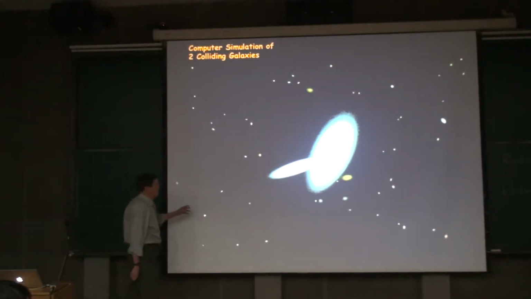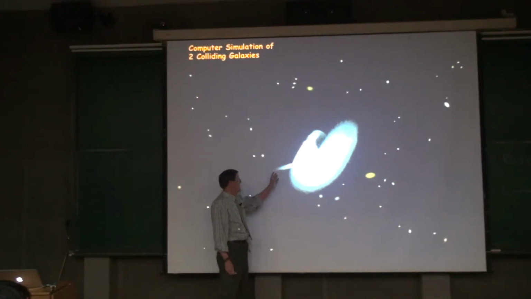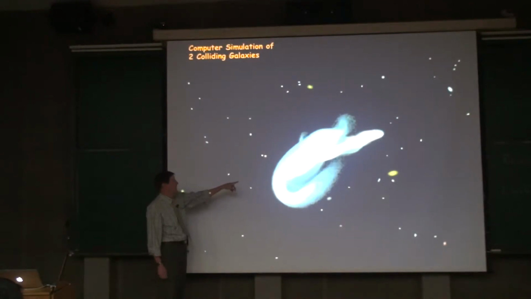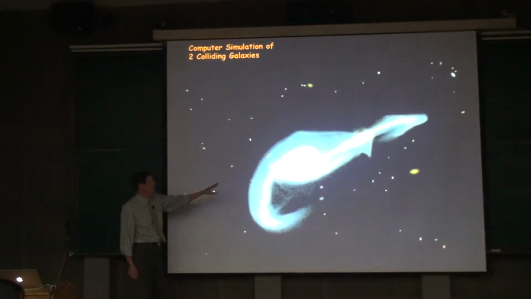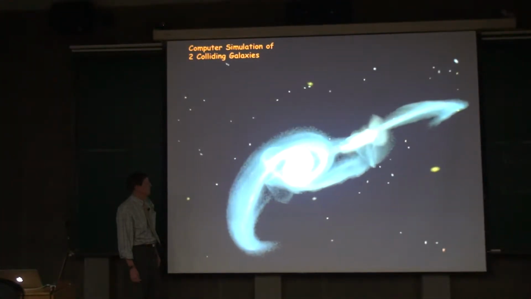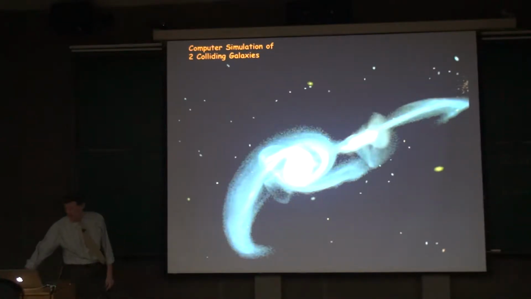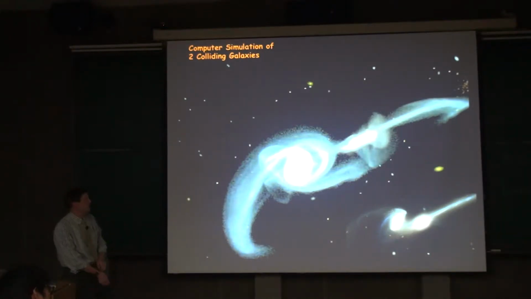So we start off with some objects that look like this, gravitationally interacting, and there is dark matter in here. You'll see what happens. You get something that looks like the picture, the lower right-hand side that I showed you in the previous slide.